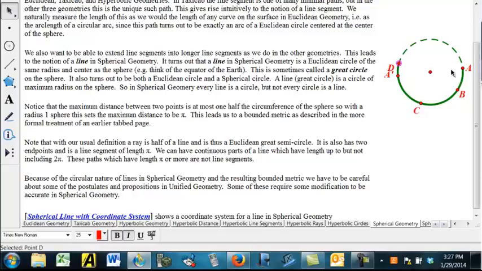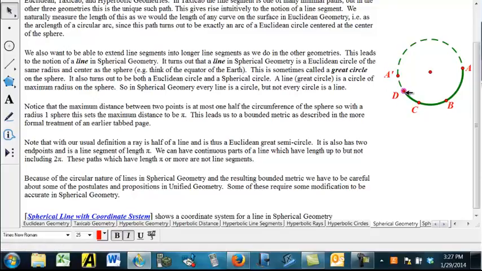But if the shortest path from A to D is along the other side, like this, and we put B here, for example, we still have B is between A and C, and C is between B and D, but we cannot really say A-B-C-D, because B is not between A and D, and C is not between A and D. In fact, we have some different relationships that you have to be careful of.